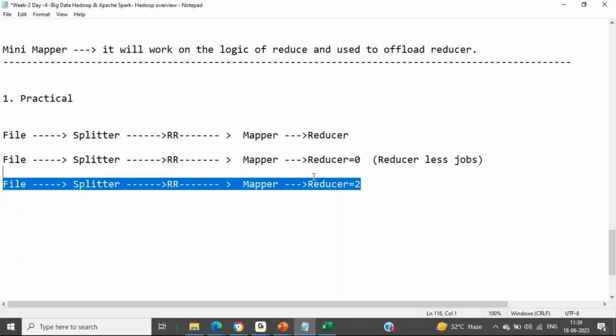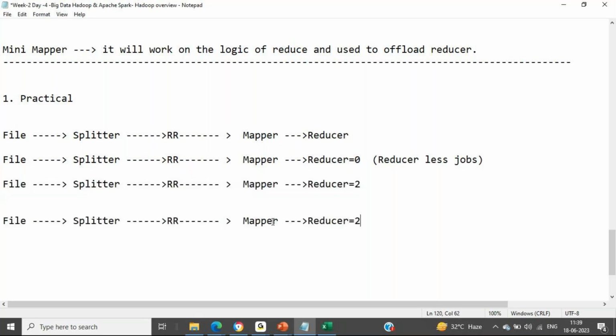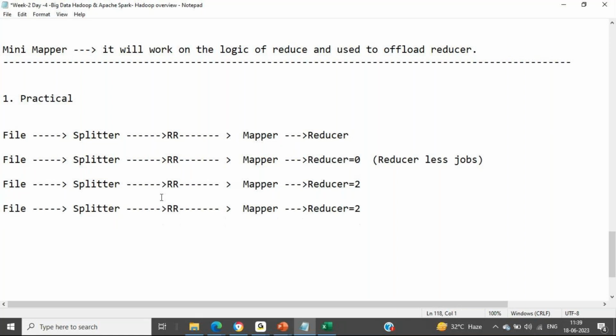So the third example is where you have two reducers. Then we can offload the reducer with the help of a minimapper, or combiner. Minimapper and combiner are both the same thing.